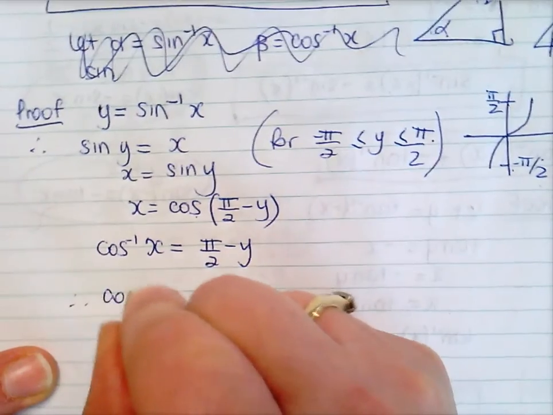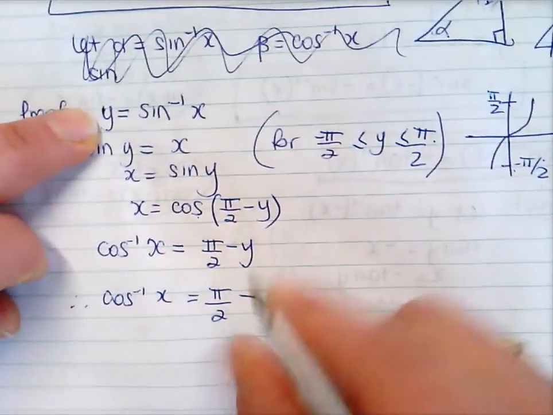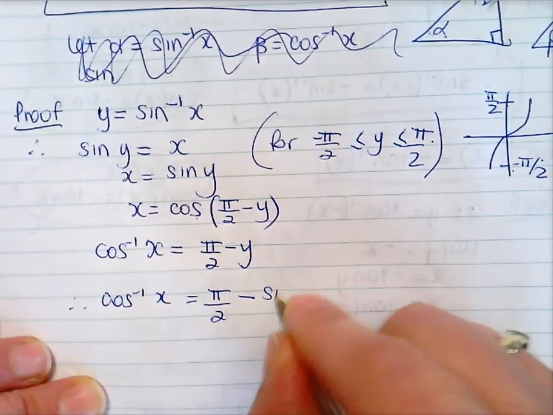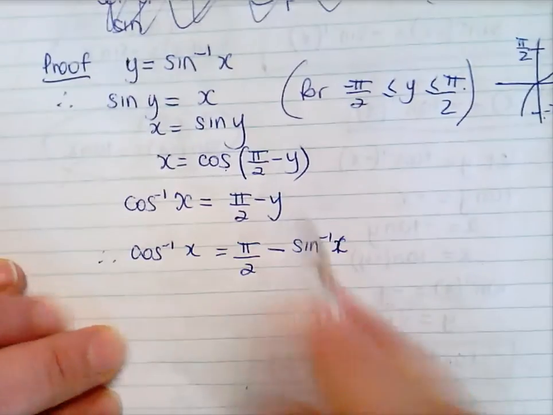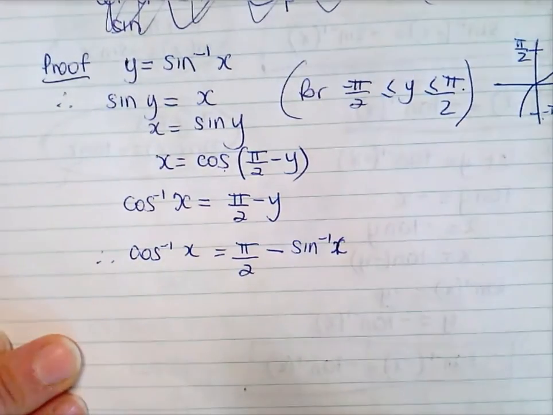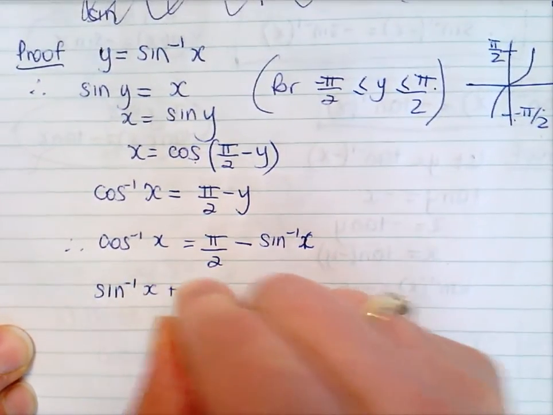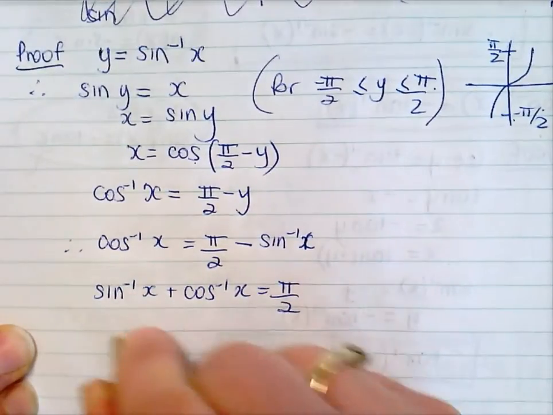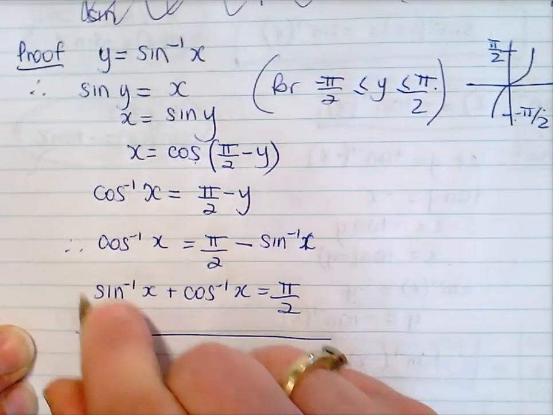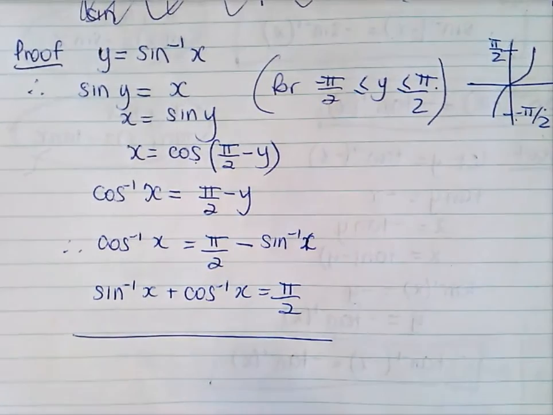So cos to the minus 1 of x equals pi on 2 minus sine to the minus 1 of x. Now let's take sine to the minus 1 of x over to the left. Sine to the minus 1 of x plus cos to the minus 1 of x equals pi on 2. And that's the result. All good? That one you should know.